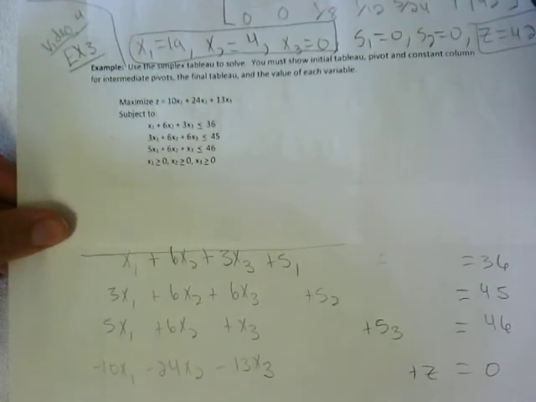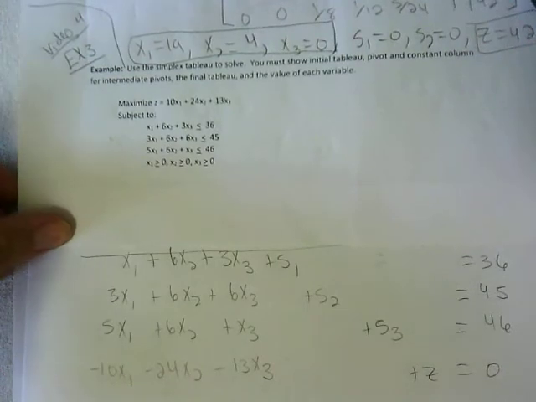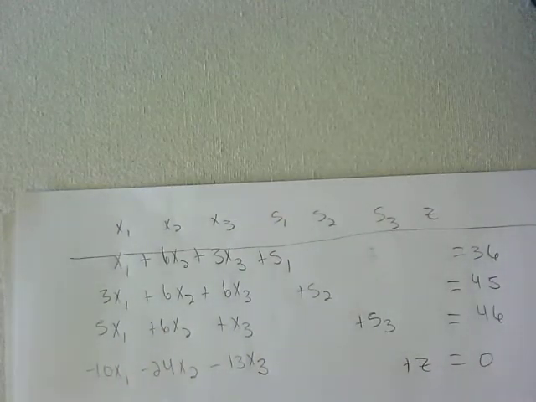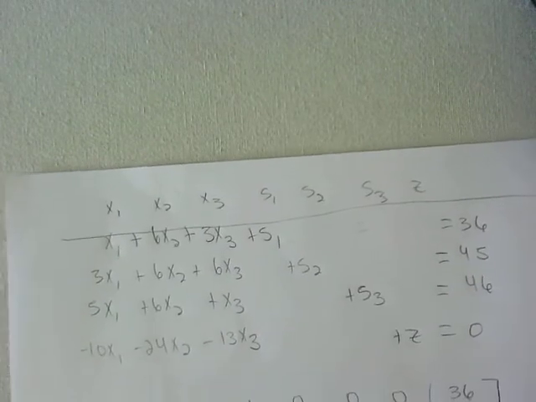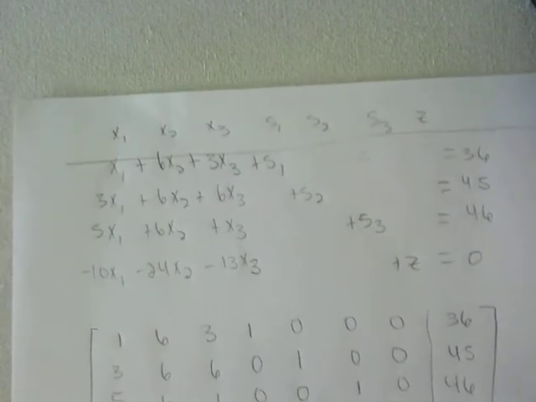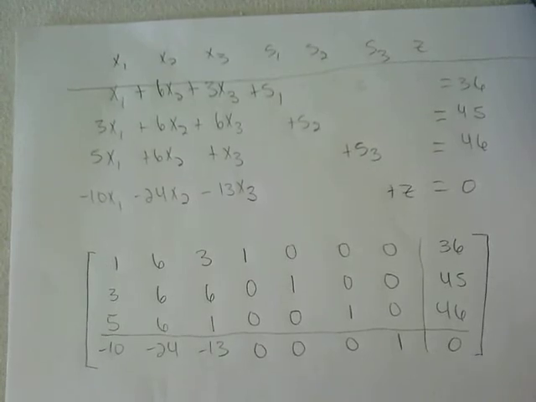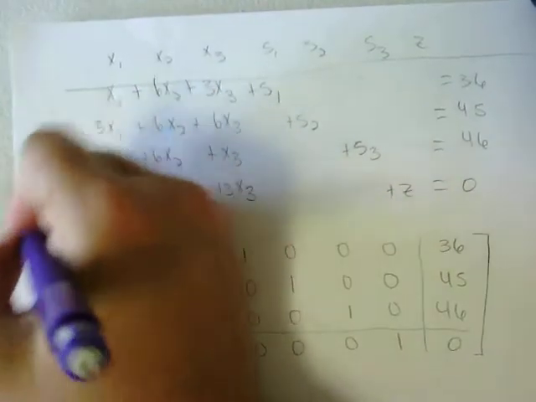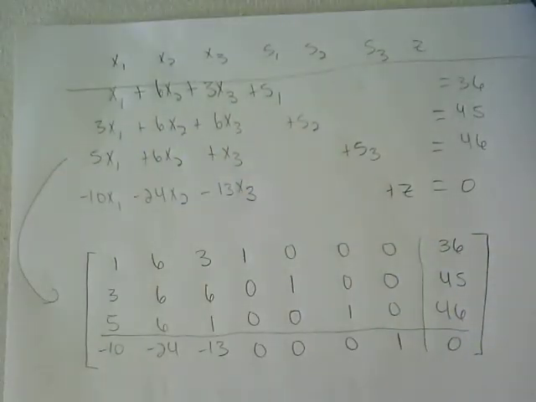The variables that each column corresponds to, I've labeled right above, and I can pretty much take that directly to matrix form. So there is this system converted into a tableau.